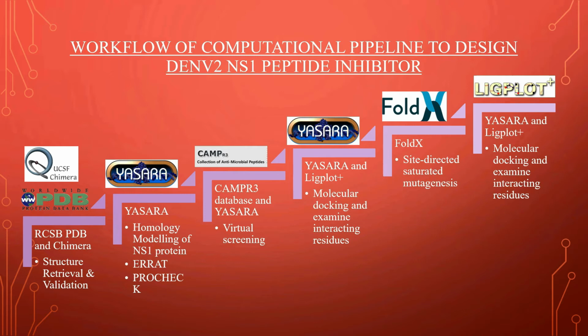After that, in step number 3, the peptides to be used for the molecular docking were obtained from the ChemPR3 database, and a virtual screening was done using YASARA. In the 4th step, LigPlot Plus was used to examine the interacting residues between the target peptide and the NS1 protein.